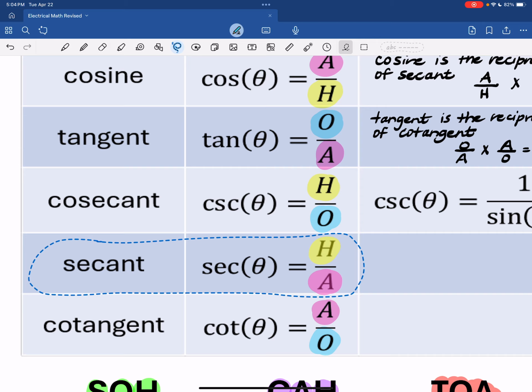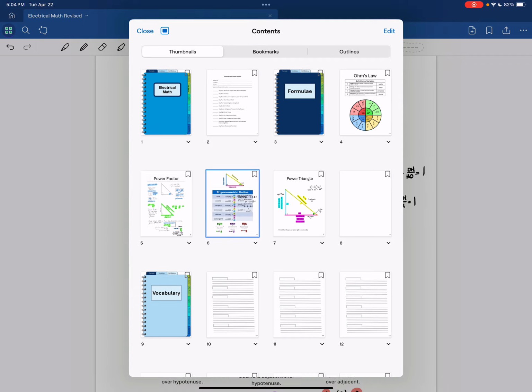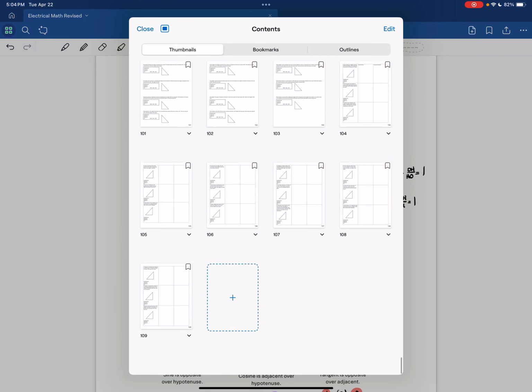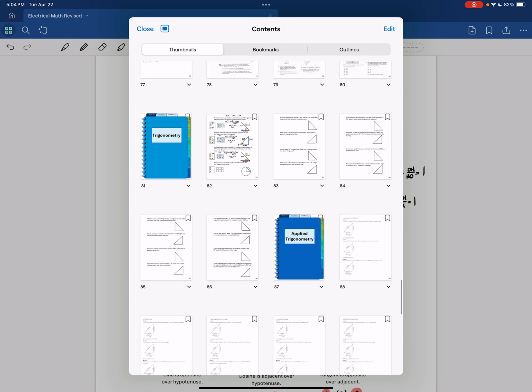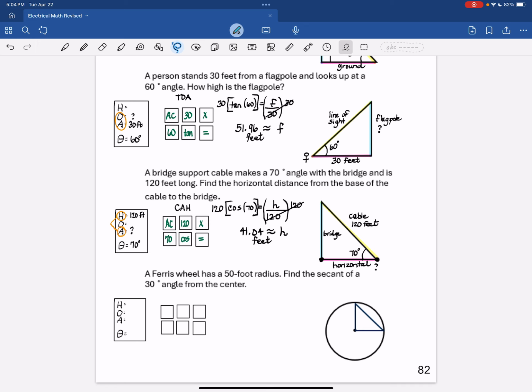So I went back to page 6 in the formula section, and I found that. So I'm going to go back to page 82. Sorry, if I had realized it, I would have already had this copied in. So let's paste that for just a second. We're going to need this bit of information.